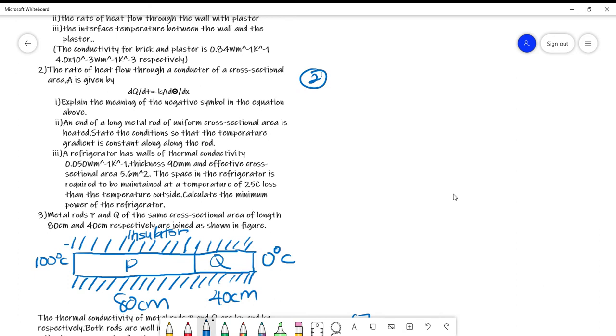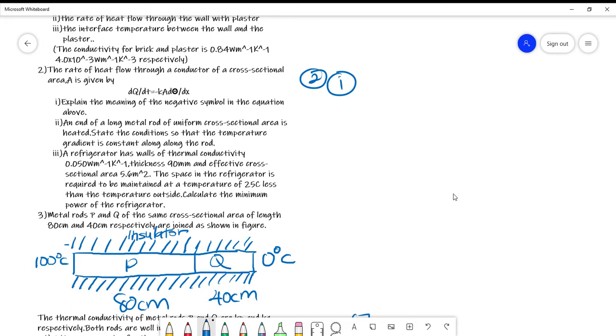So the rate of heat flow through a conductor of a cross-sectional area is actually given by dq over dt equals negative kA d theta over dx. So explain the meaning of the negative symbol in the equation above.